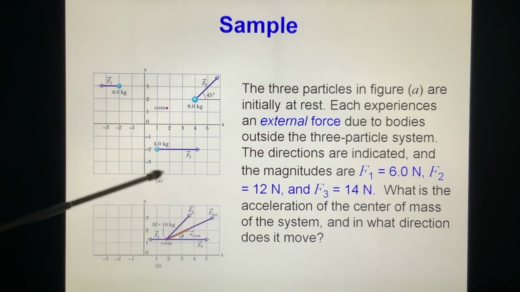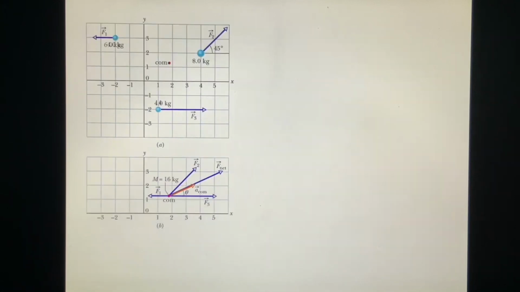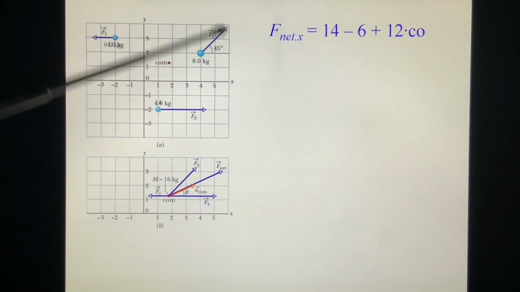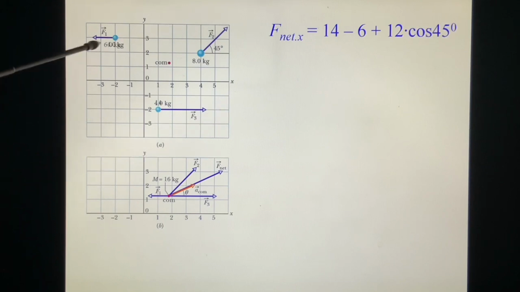These three forces act on three different particles, but we treat them as all acting on the center of mass. So we put them together. How do we put them together? We divide each force into an x component and a y component. The net force x component is the sum of the three components along x.